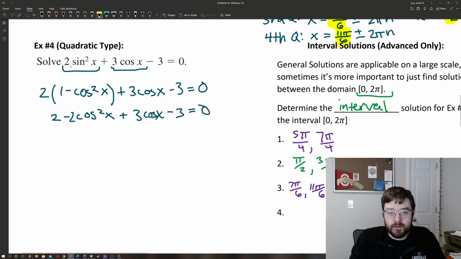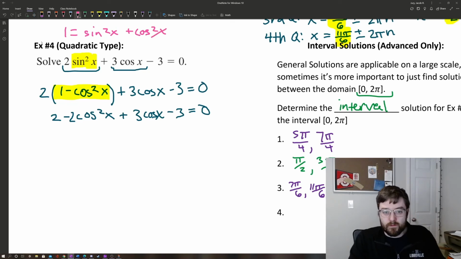Just in case you missed it, I replaced sine squared x with its Pythagorean identity. Using the Pythagorean identity, 1 equals sine squared x plus cosine squared x, I shuffled around this identity and replaced sine squared with 1 minus cosine squared x.